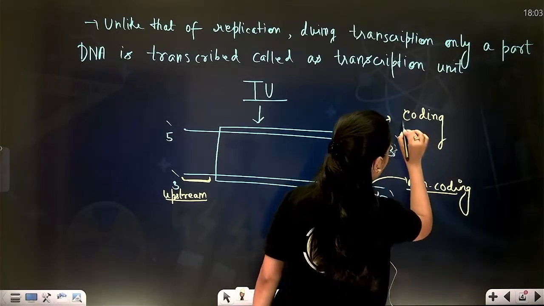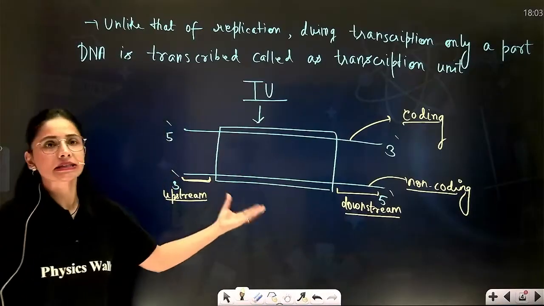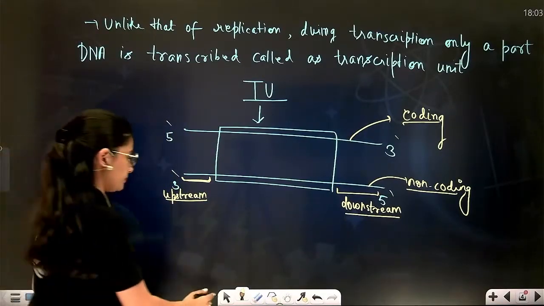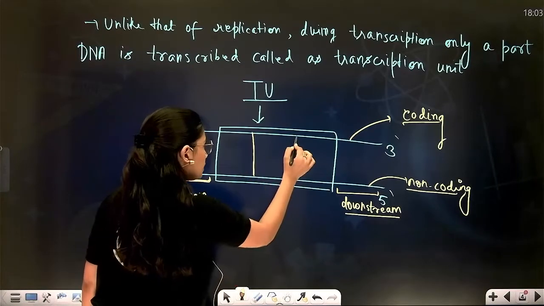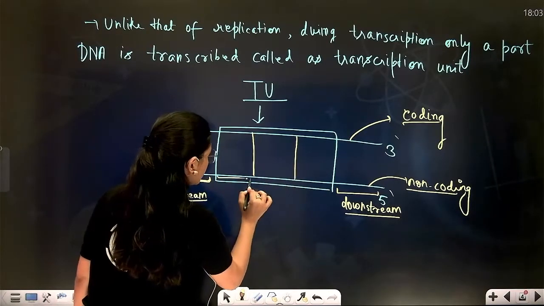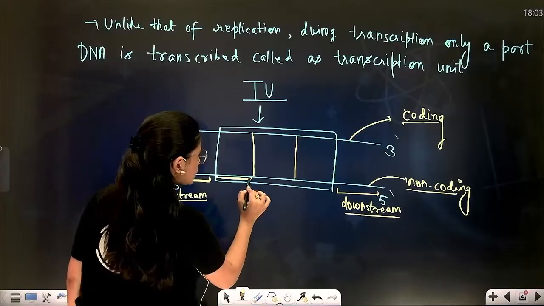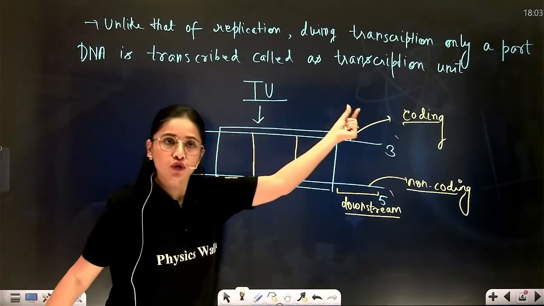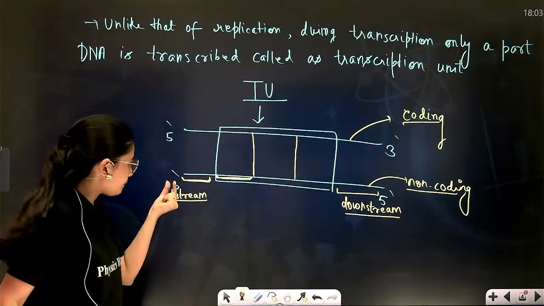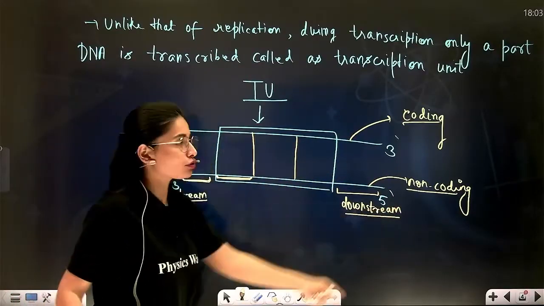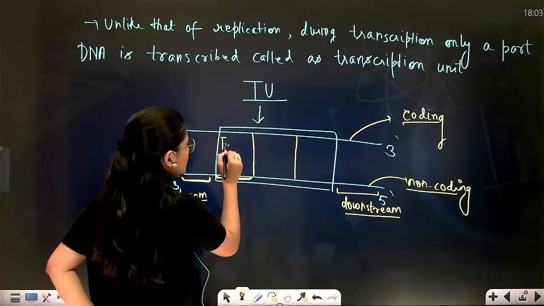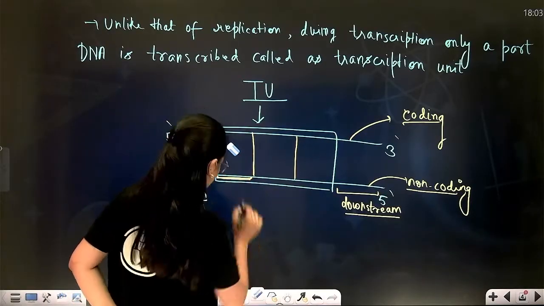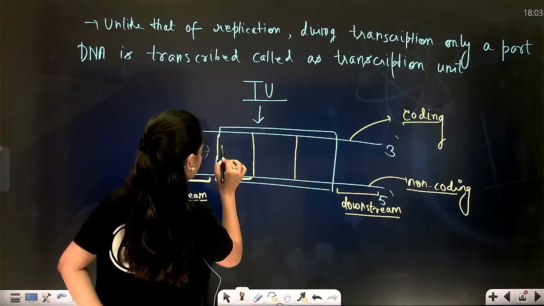Now beta, see, this transcription unit can further be divided into 3 parts. The portion of transcription unit which is present towards the 5' end of coding or 3' end of non-coding strand, it is known as promoter region.